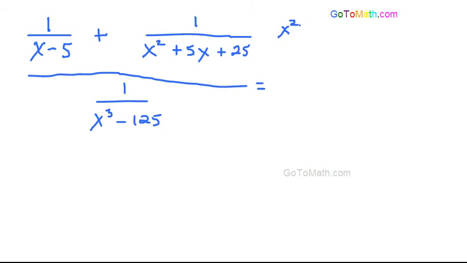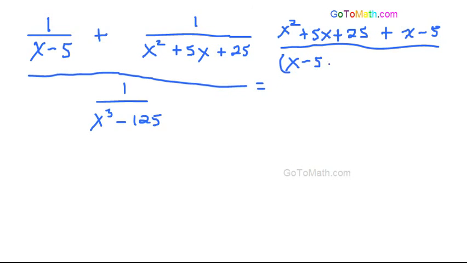So that's going to be x squared plus 5x plus 25, and then plus, and multiply this x minus 5 times 1, and then that's going to be all over x minus 5 times x squared plus 5x plus 25. Okay, and then of course there's not really much we can do down here.